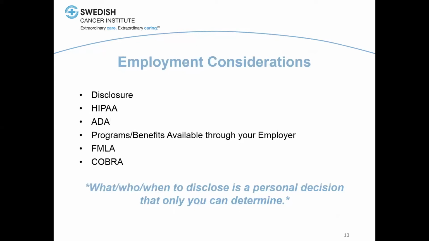Sometimes people do not disclose information because they have a working environment where they're able to take time off easily and access benefits easily. However, there are times where people may disclose because they need to access programs and benefits through their employer. Sometimes people also disclose because they want support from their coworkers and or employer. The following slides are going to go into a little bit more about employment considerations and also resources that are available.